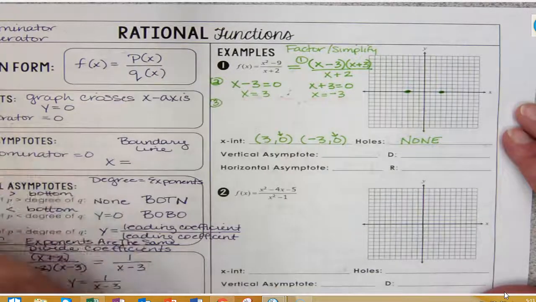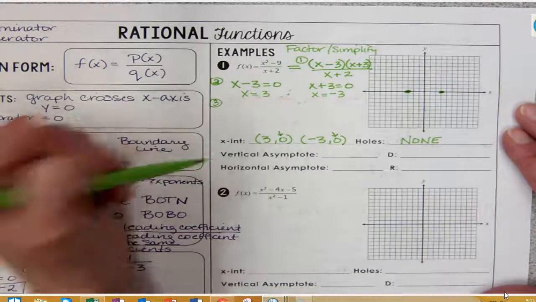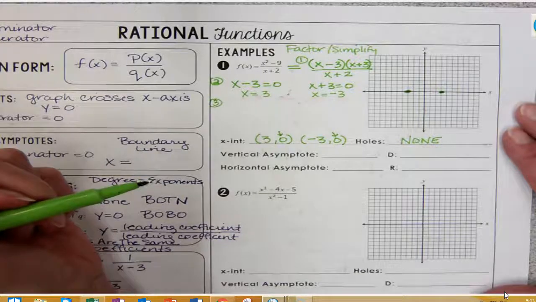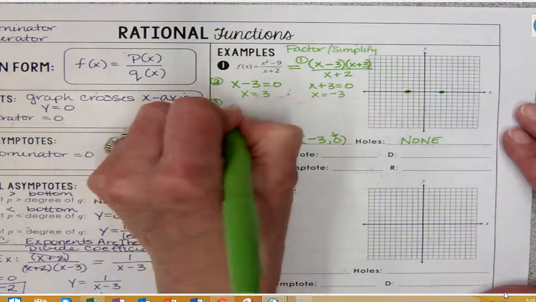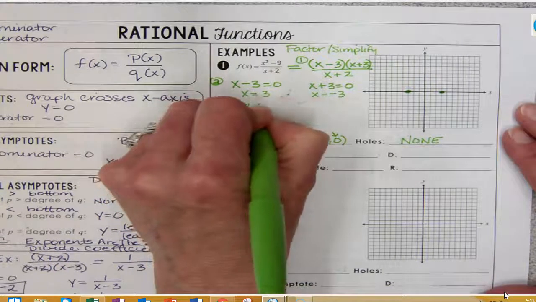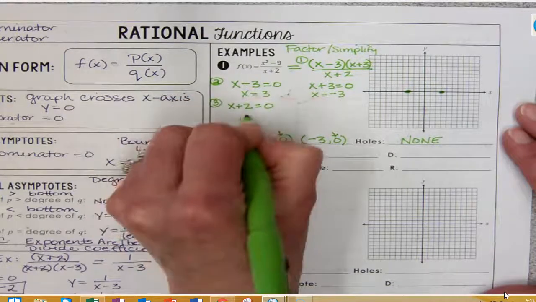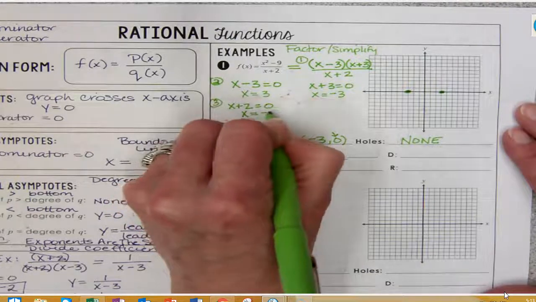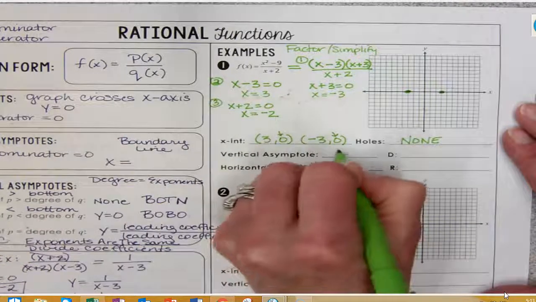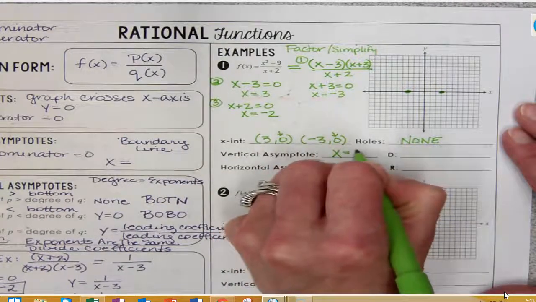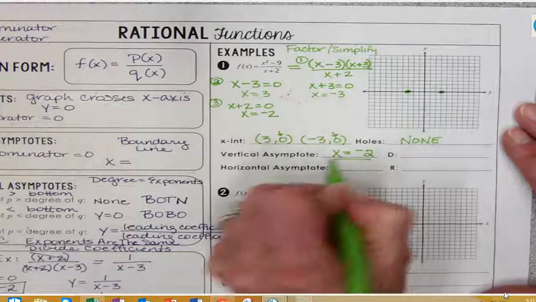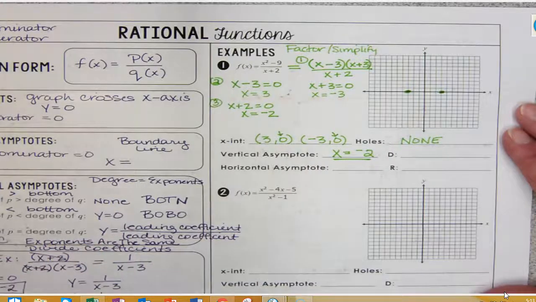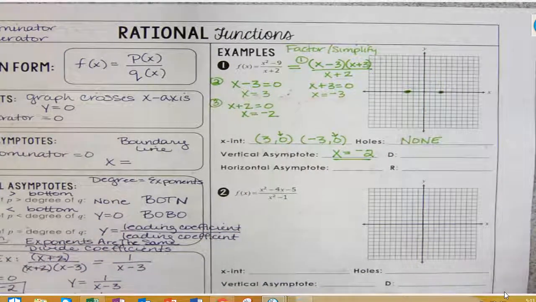Number 3. What about my vertical asymptote? That's going to be where my denominator equals 0. So I'm going to take my x plus 2, set that equal to 0, and I'm going to see that it's x equals negative 2. So my asymptote is x equals negative 2. Please remember to put that x equals. That is very important. You will get counted off if you do not do that.